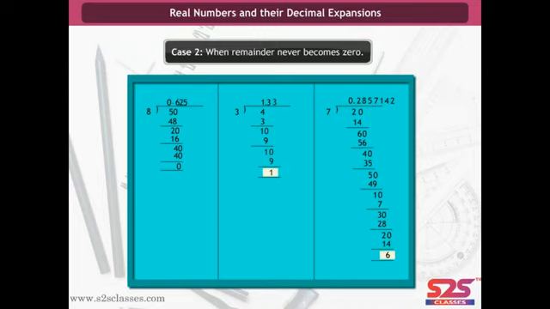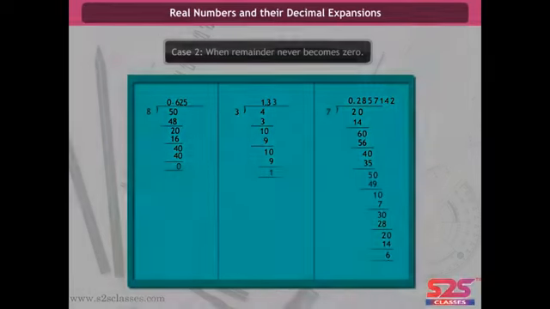In this case, the corresponding decimal expansion is non-terminating. In the decimal expansions of 4 by 3 and 2 by 7, the remainder never becomes 0. Thus their decimal expansions are non-terminating. The decimal expansion of rational numbers is either terminating or non-terminating and repetitive.